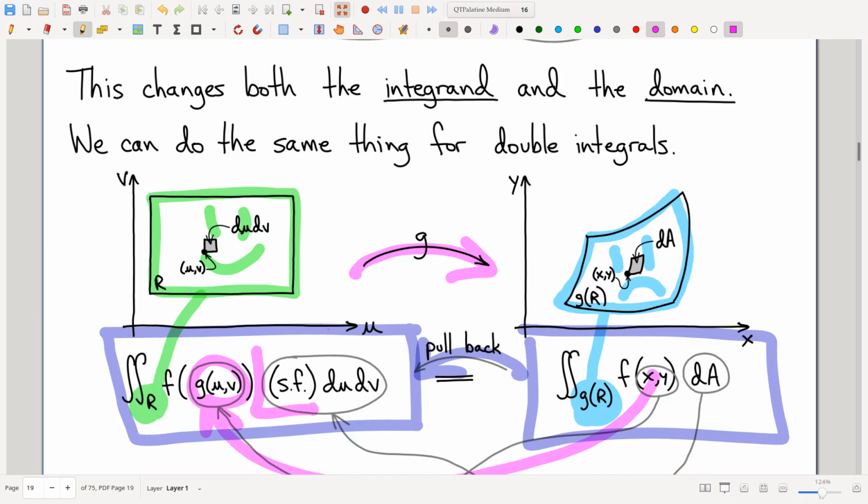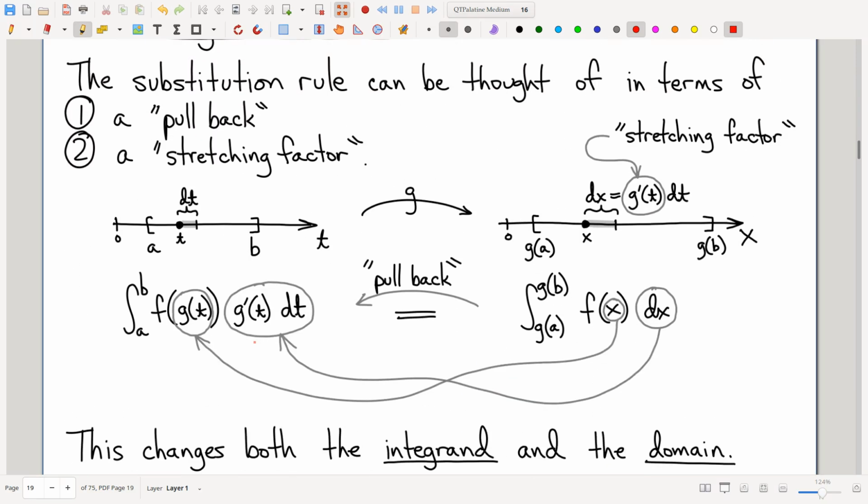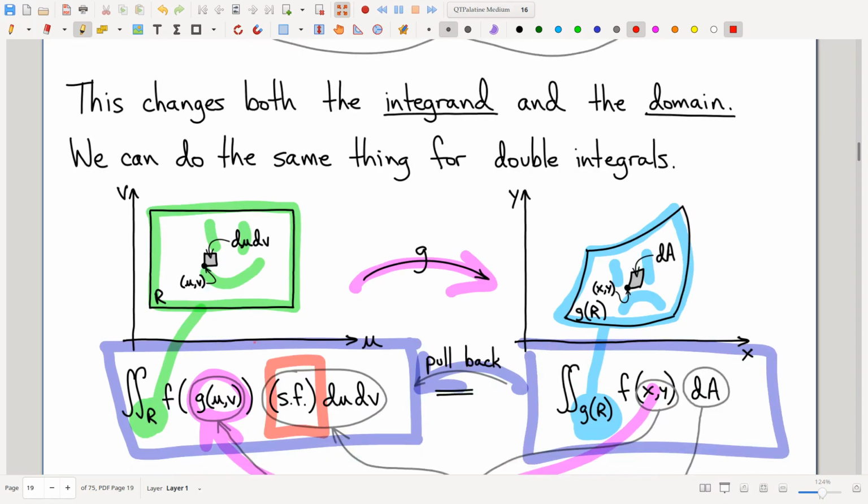Don't forget to include your stretching factor. That's the takeaway. Your ugly domain that you're given, if it's the image of something else, pull back, plug in, don't forget your stretching factor. And again, this is just a rip-off of what we did with the substitution rule. Okay, all right, so with that in mind, here we go.